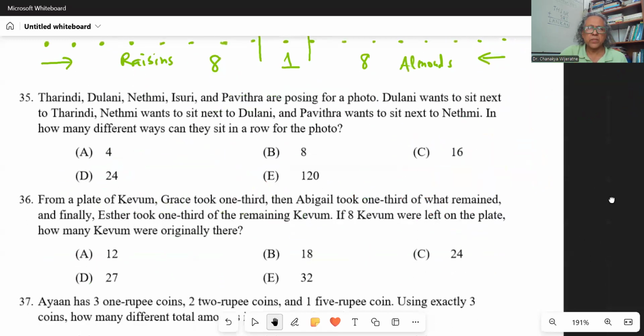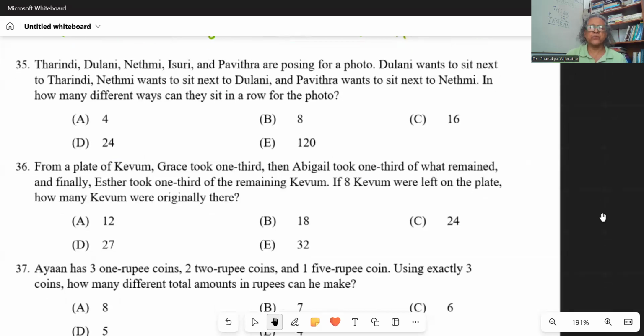Parindu, Dulani, Netmi, Izuri, and Paitra are posing for a photo. Dulani wants to sit next to Tarindi. So that means like this, right? Or like this, right? And Netmi wants to sit next to Dulani, right?